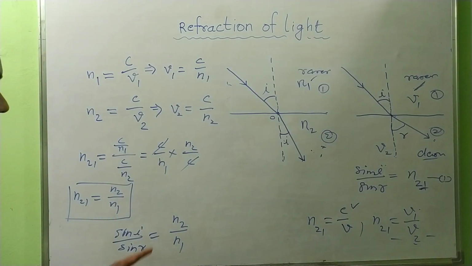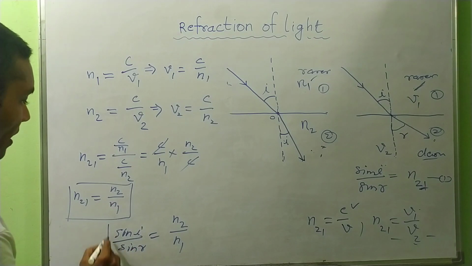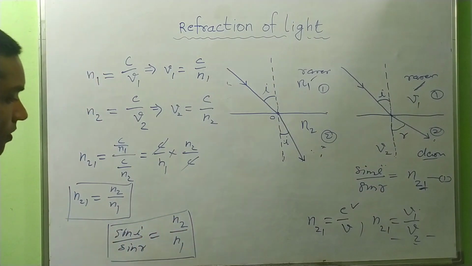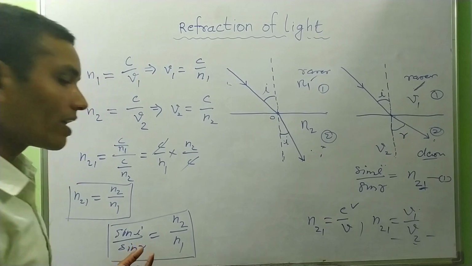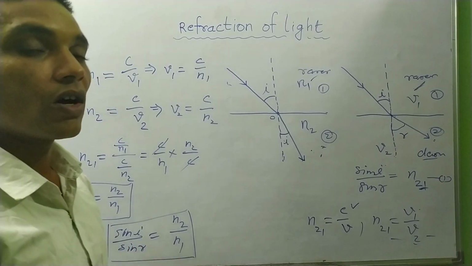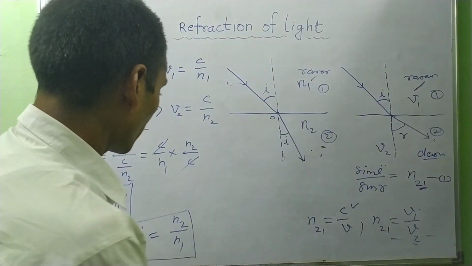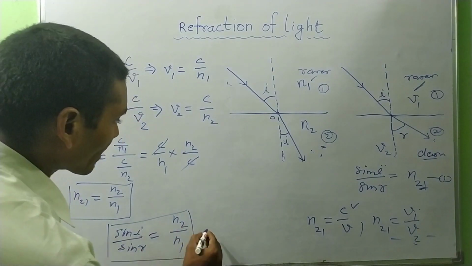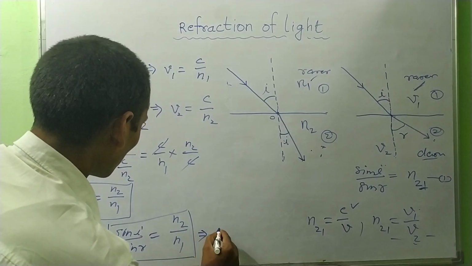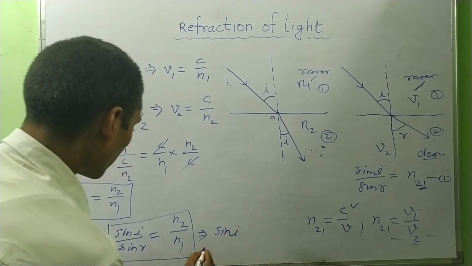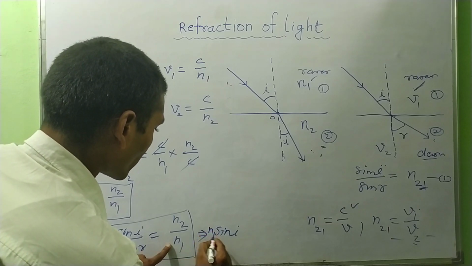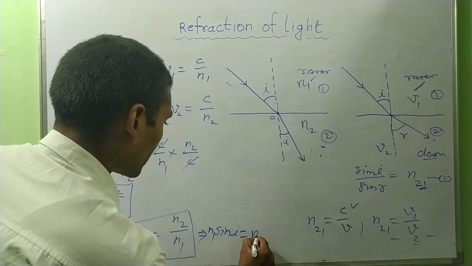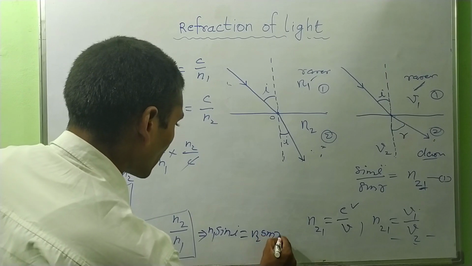This equation can be written as n1 sin i equal to n2 sin r.